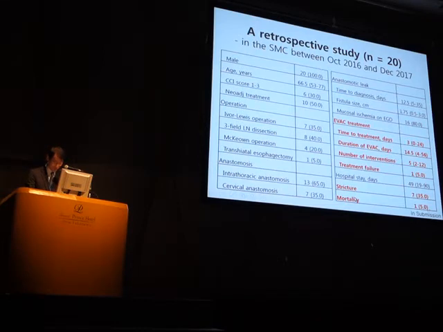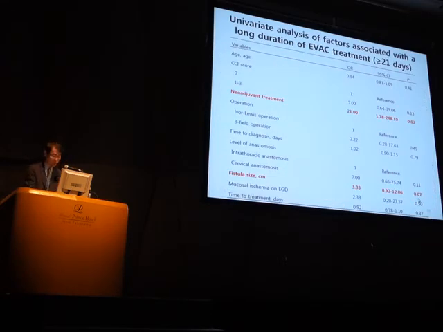As you can see, after endoscopic treatment, a stricture developed in 35%. Because we had only one treatment failure case, we could not identify the prognostic factor associated with the failure. Instead, we investigated the factors associated with the long duration of endoscopic treatment.